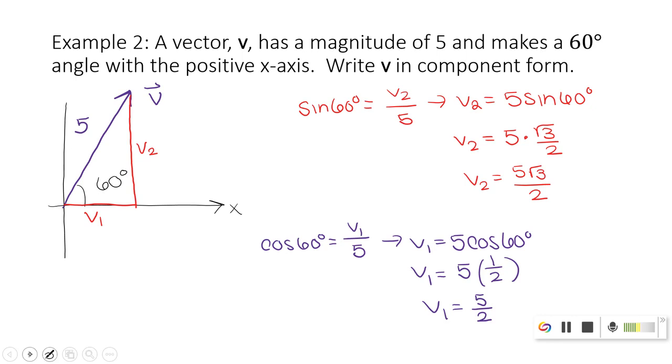And so there's my horizontal component. So this vector in component form we would write as 5 halves, comma, 5 root 3 over 2. So same idea. I just had to use some trigonometry to solve this one.